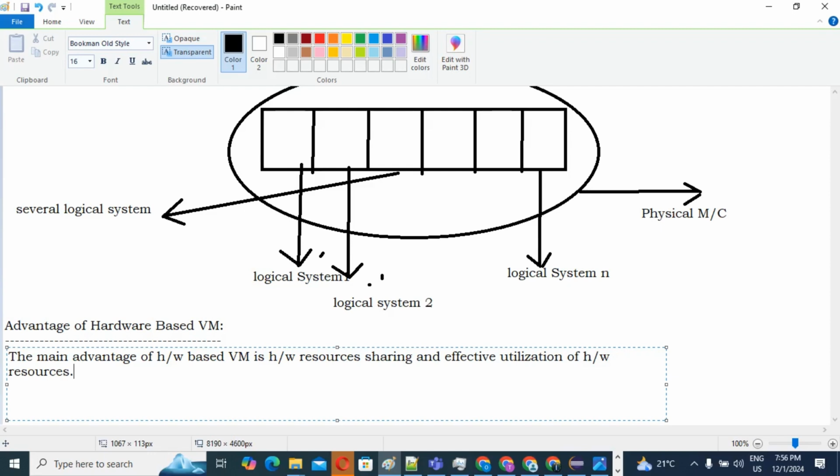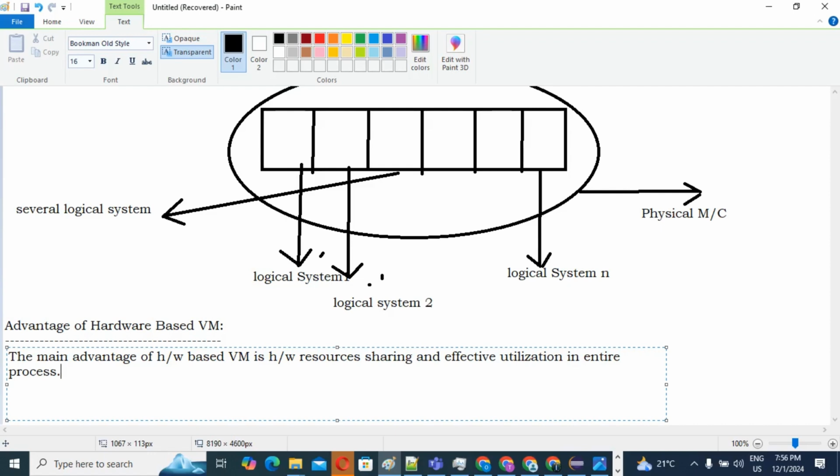Or you can say the main advantage of hardware based virtual machine is hardware resources sharing and effective utilization in the entire process. That thing also you will come to know, you can understand it in such a way.